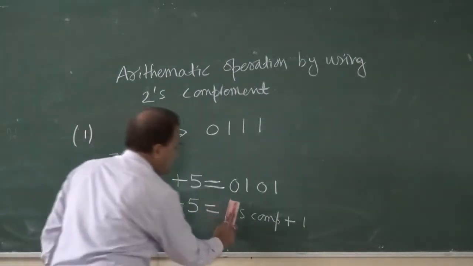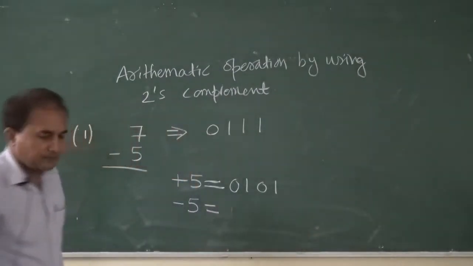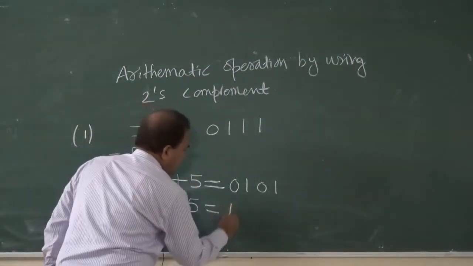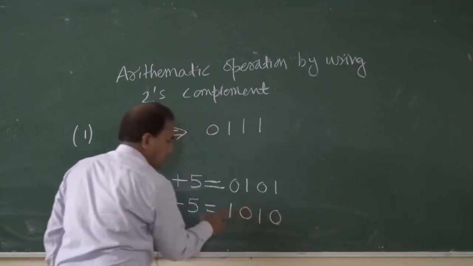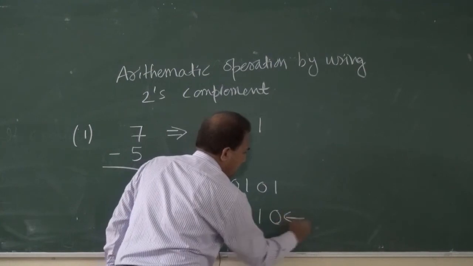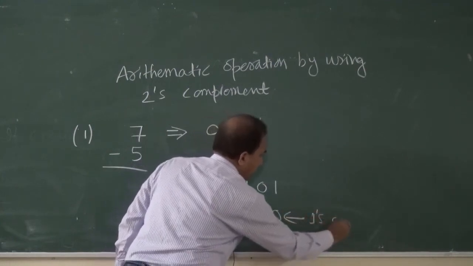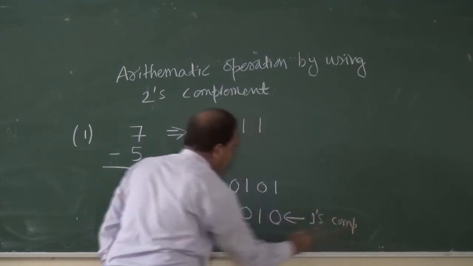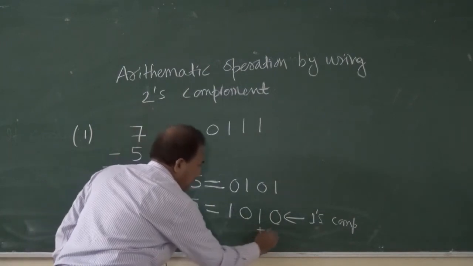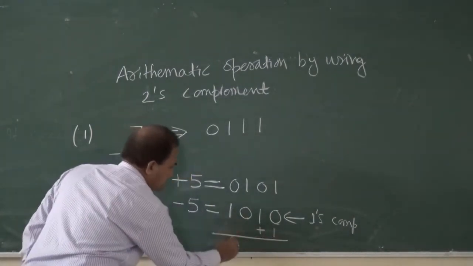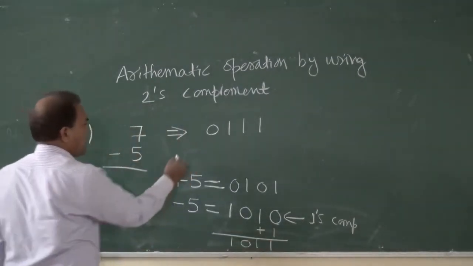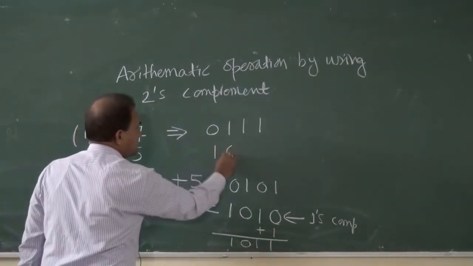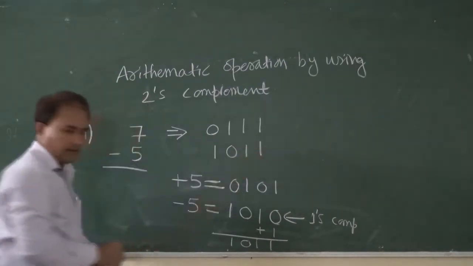So it is 1 0 1 0. This is 1's complement. Then plus 1 to the LSB. So you can write 1 0 1 1.